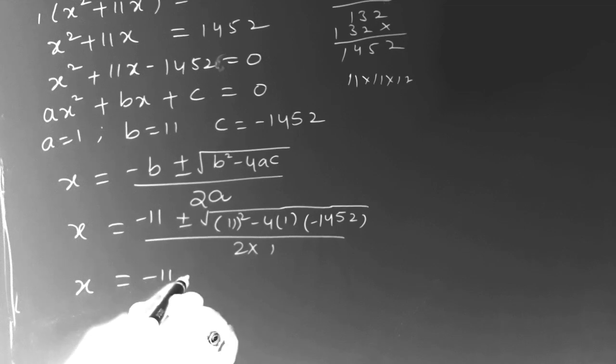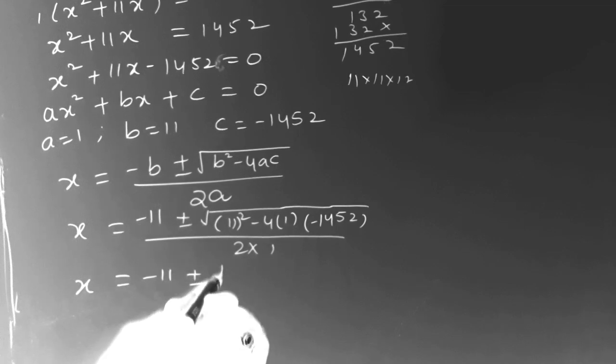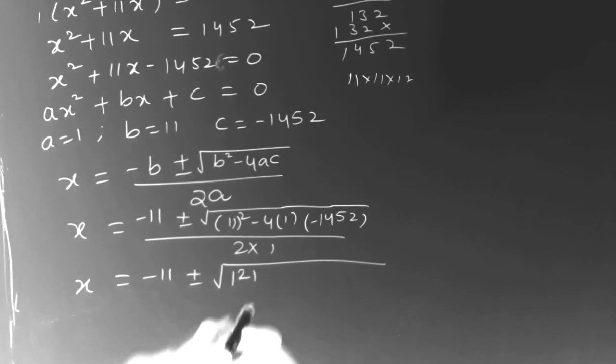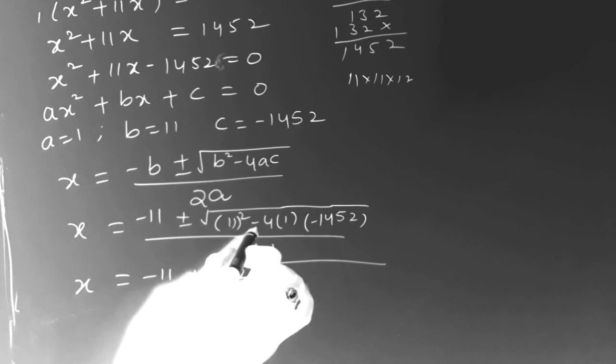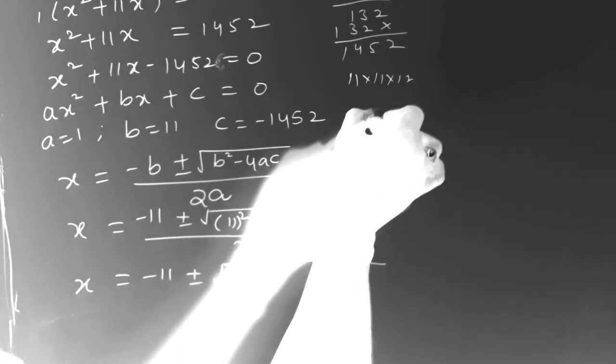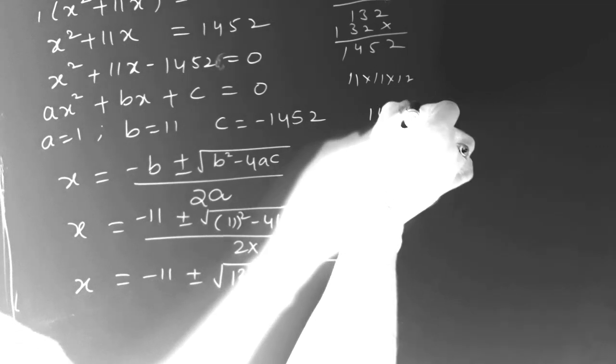minus 11 plus or minus under root 11 square is nothing but 121. Minus into minus is plus, 4 into 1452.